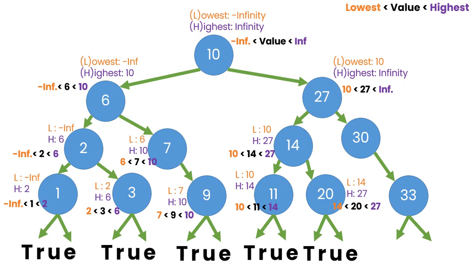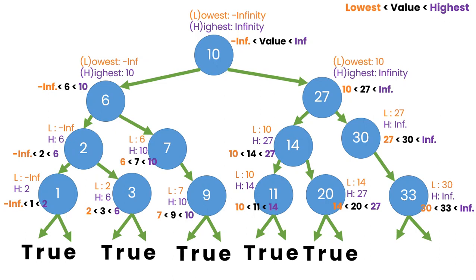We're now at 27. Now we're going to finish the left side. Now we're going to take the right side. We have 30. 30 is greater than 27, and so the lowest limit possible for the right side of 27 is 27, and the highest possible one is infinity. Alright, we check 30 is in between, indeed. And then moving on, the same algorithm goes on, and we're comparing it.